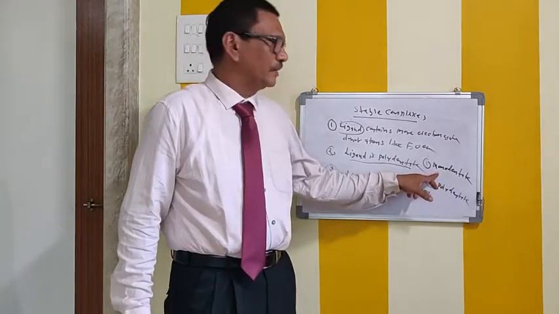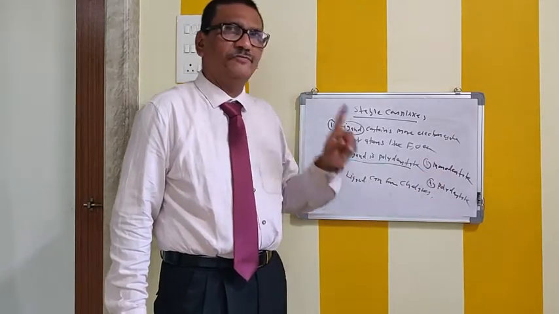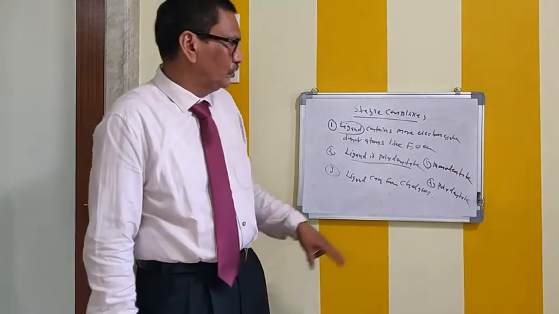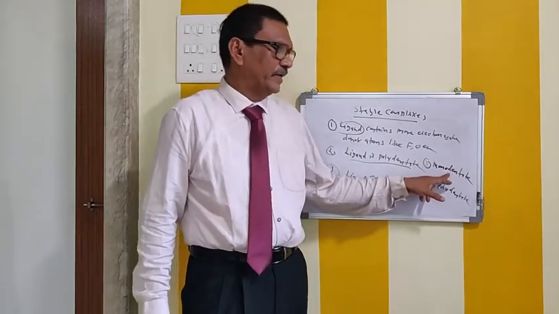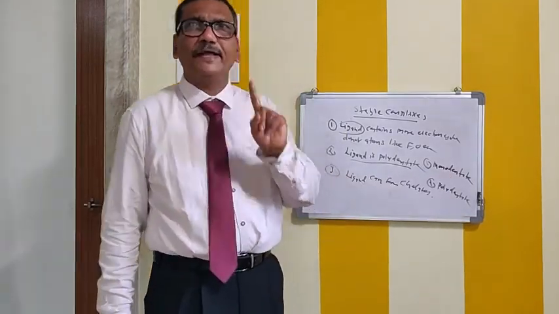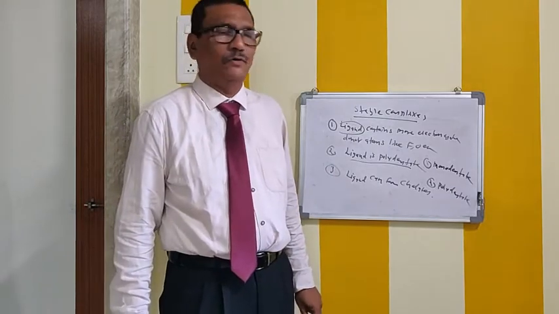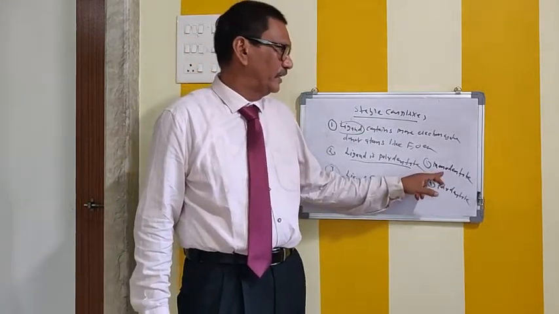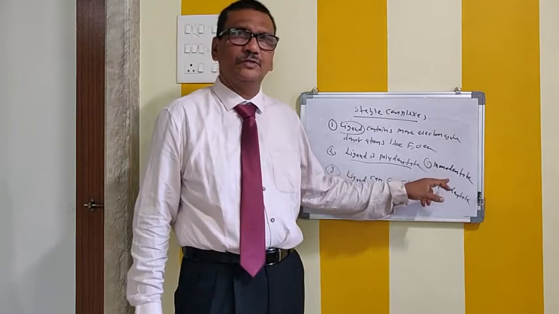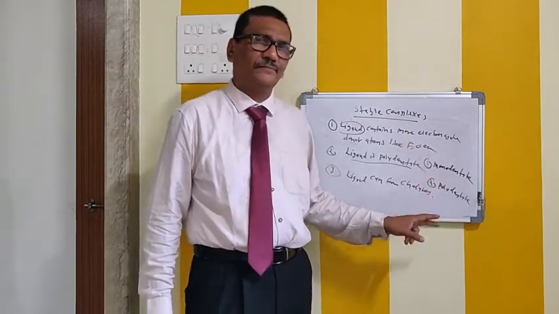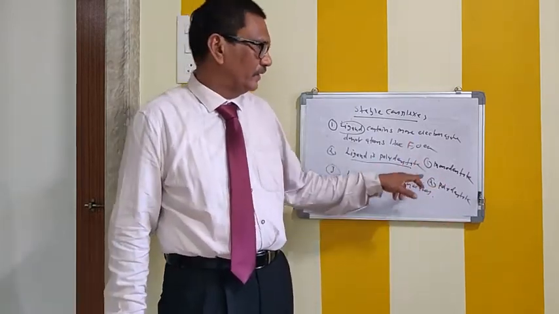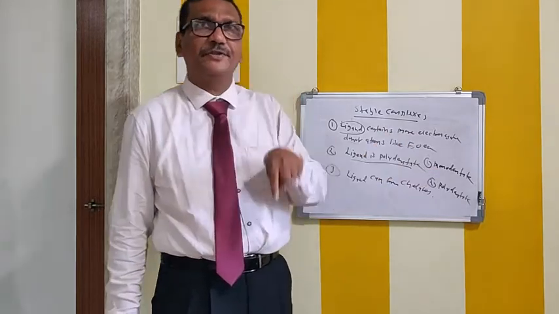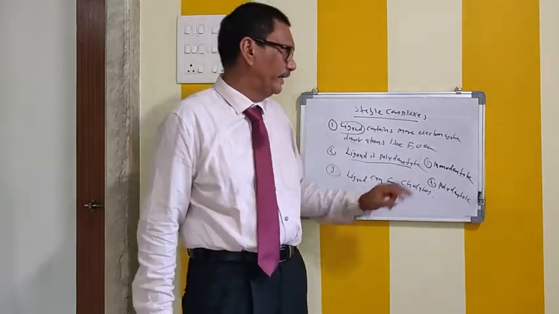So how do we define the term monodentate? Mono means unique, that is one. So the ligands which have only one point of attachment, or which can link to the central metal through the same donor atom at only one site, are called monodentate ligands.